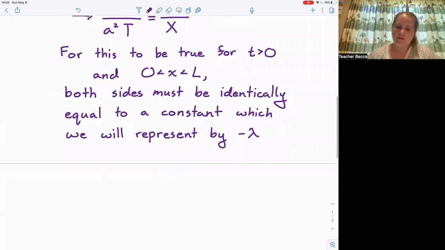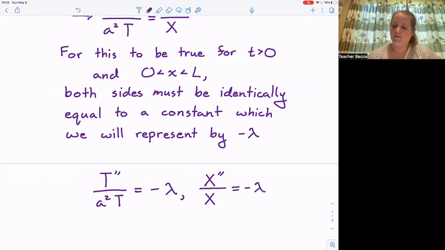So we have T double prime over a squared T is equal to negative lambda, and X double prime over X is equal to negative lambda.